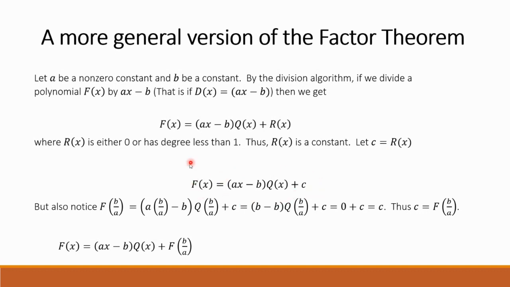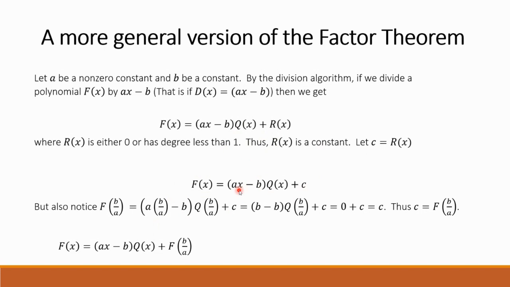But remember, when I first showed you the remainder theorem, we were able to figure out that constant. And as you can see here, we can still do that. And why is that?